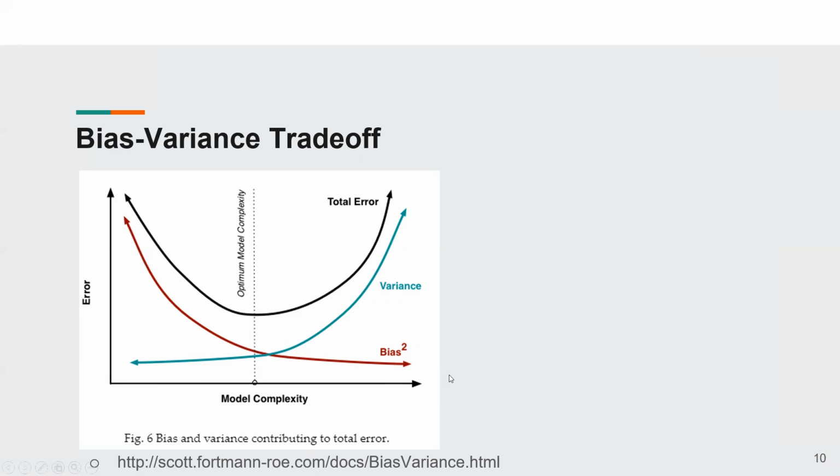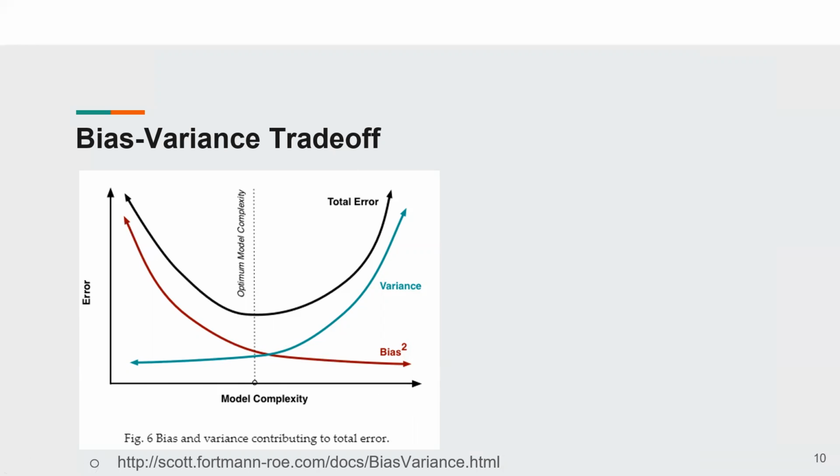If you think about linear regression versus polynomial regression, with a higher degree polynomial regression, we're essentially trying to increase the model complexity. 1 versus 20 degrees of polynomial, we're increasing the model complexity. By doing that, you are going to decrease the model bias.